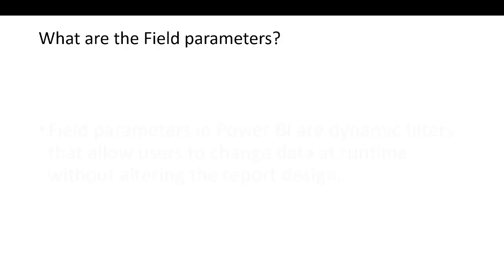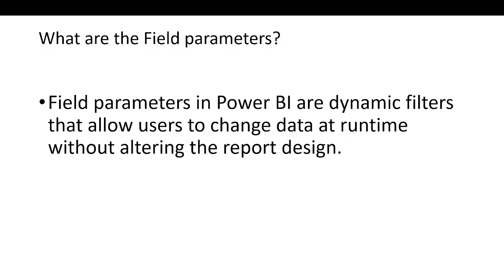Next question: what are field parameters? Field parameters in Power BI are basically dynamic filters that allow users to change data at runtime without altering the report design. For example, one column chart is there. Now I want to see category-wise sales, segment-wise sales, region-wise sales.